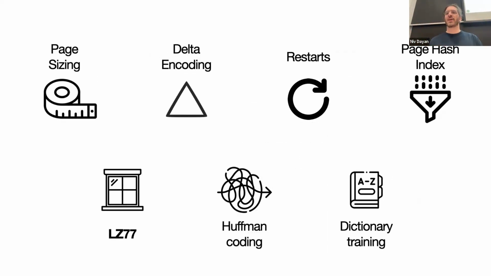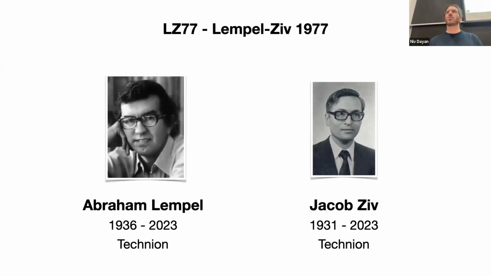There are more techniques that I want to get to. So we've done quite a lot. Let's try to see if we can do the remaining 3 in half an hour. So I want to now move on and talk about LZ77. This is a very widely known and used compression algorithm invented by these 2 gentlemen who passed away not too long ago, interestingly within a month of each other.